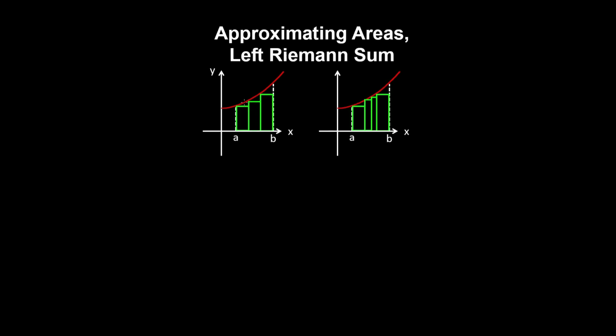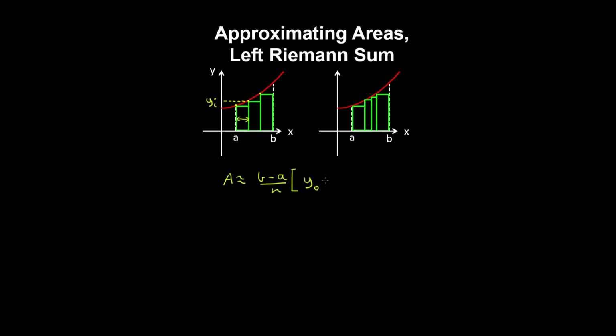The left Riemann sum can be used to approximate areas under curves, and the left of each rectangle touches the curve. So these values are denoted yi, and in the case where we use rectangles of uniform width, the approximate area is equal to the width of each rectangle, so that would be b minus a on the number of rectangles, and we multiply the width by the height of each rectangle and sum them together.